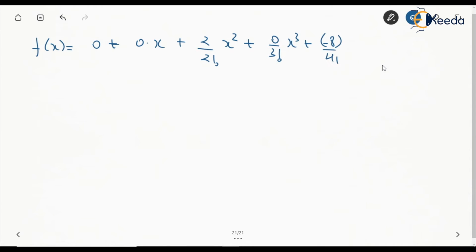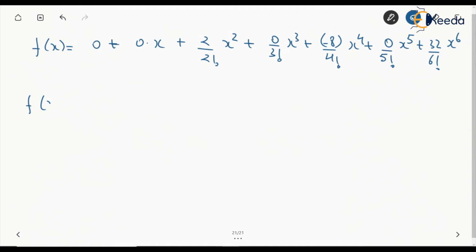So this will be f of x is equal to f of 0, which is 0, plus f dash of 0, which is also 0, into x plus f double dash, which is 2, divided by 2 factorial into x square plus third derivative, that is 0 by 3 factorial into x cube plus fourth derivative, which is minus 8 by 4 factorial x to the power 4 plus fifth derivative, which is 0 by 5 factorial x to the power of 5, and sixth one is 32 by 6 factorial x to the power of 6, right?